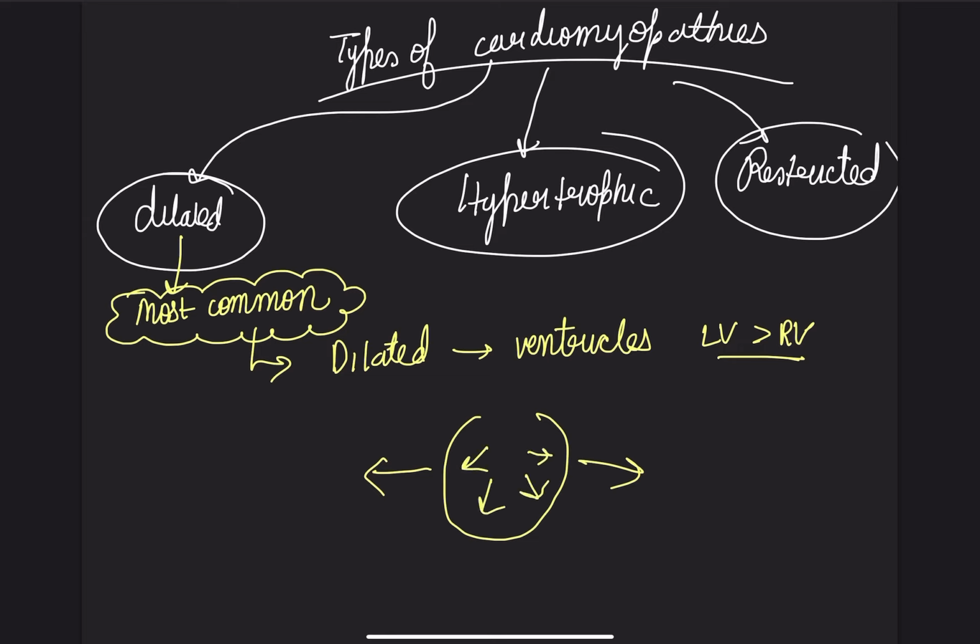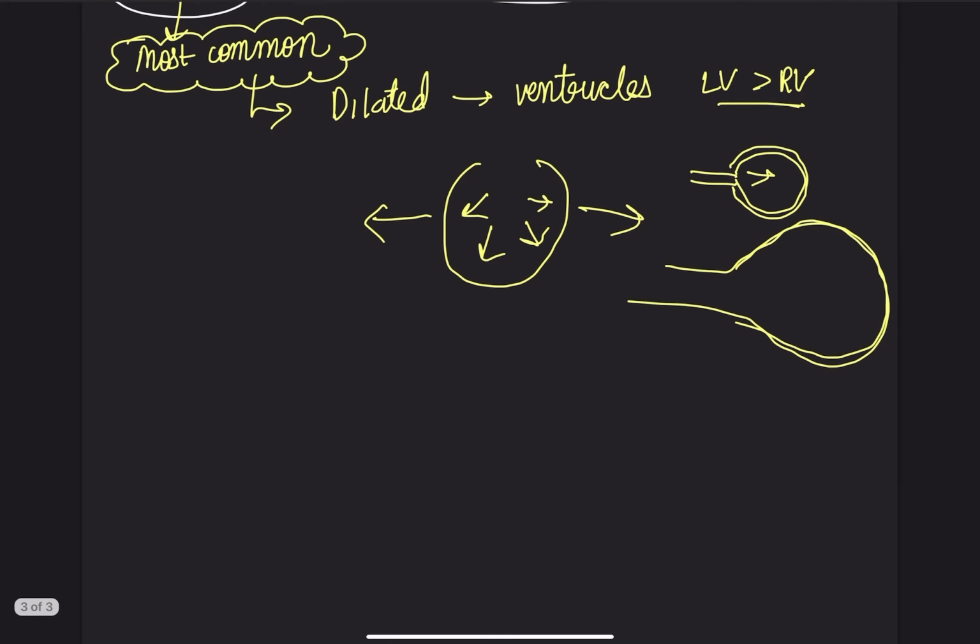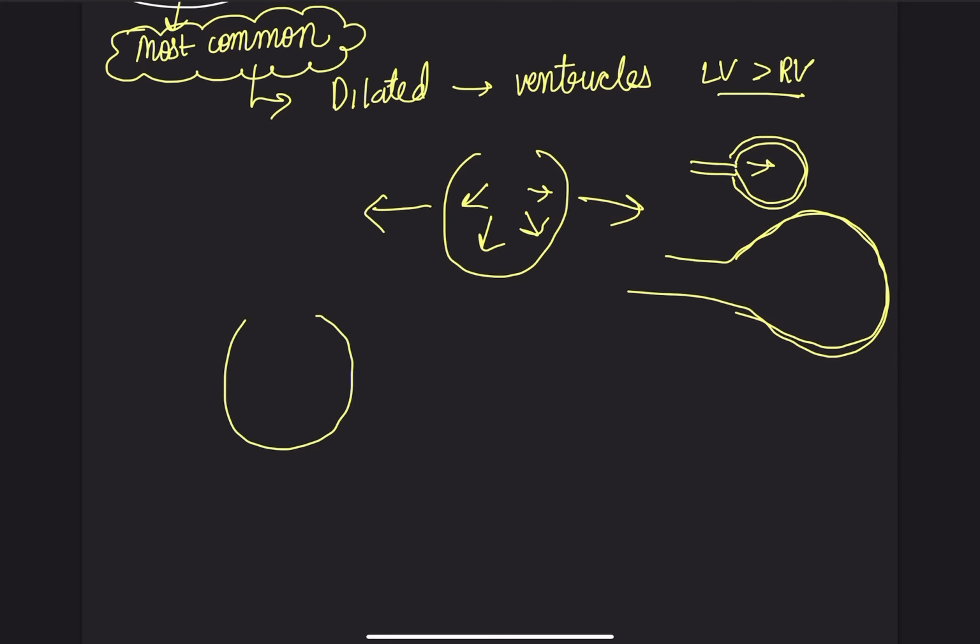Dilation is like when you put air into a balloon: the thickness of the balloon decreases as the air inside the balloon increases, right? The same principle works here. When a ventricle dilates, for example, the thickness is this much in a ventricle right now, but as soon as it dilates, the thickness will reduce. But if you weigh this dilated ventricle, the weight will be more.